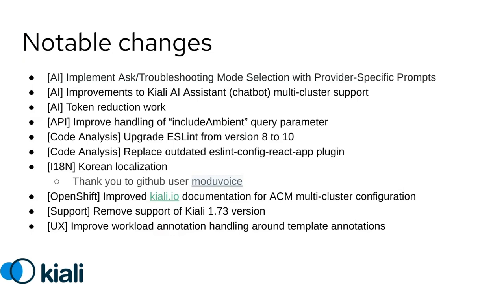In code analysis, from the development side, we've upgraded ESLint and replaced the outdated ESLint config React app plugin. We got a community contribution, which added the Korean localization for Kiali. So starting with this version, 2.29, if you know Korean, you will be able to set that as your localized version of the UI.